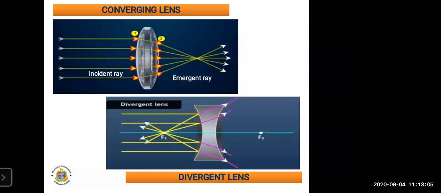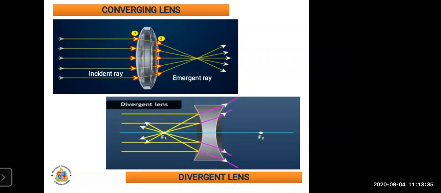We already learnt this in refraction of light, right? So emergent rays are there. After the second refraction, those rays are called emergent rays, and these rays come together at a specific point. When they meet together at a specific point, converging happens. Coming together means converging, so they converge at a specific point.